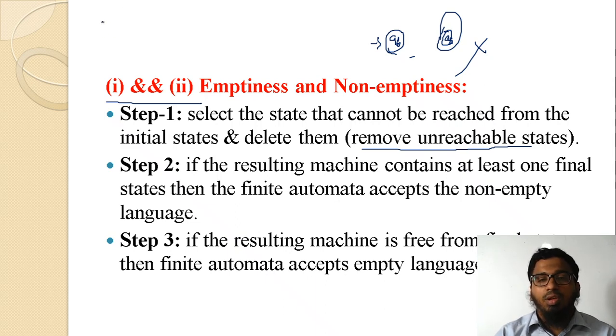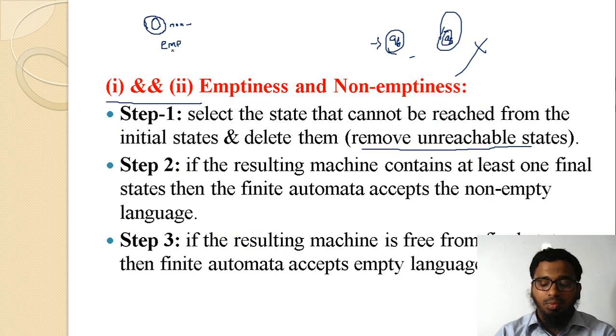So what does this mean? If we have at least one final state, then it will accept the non-empty language. What about the third step? If the resulting machine is free from final states, then it accepts the empty language.